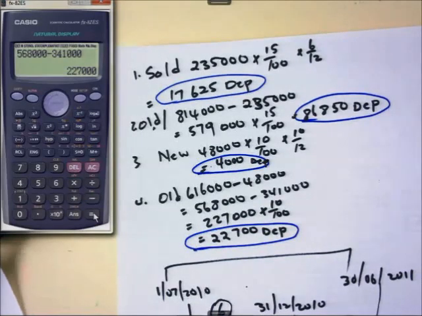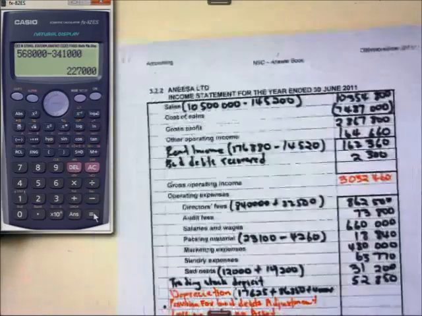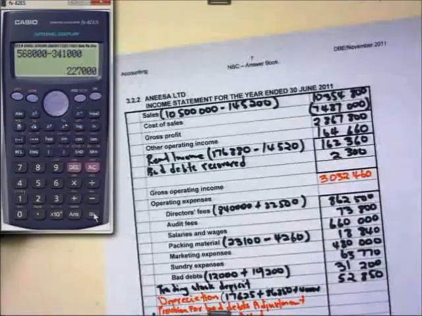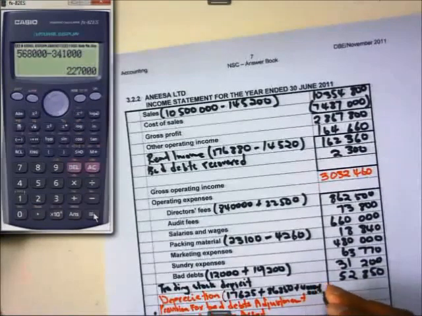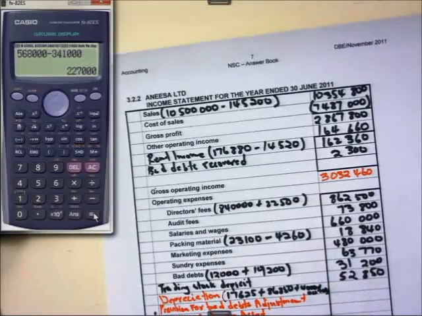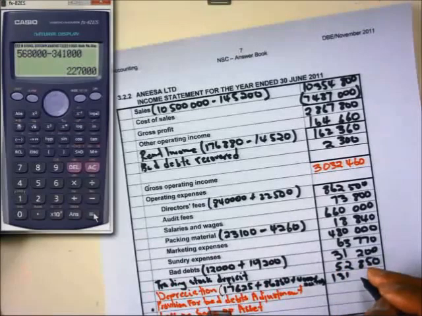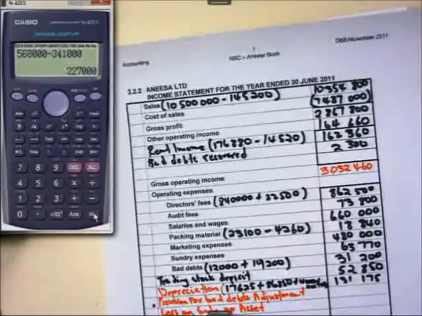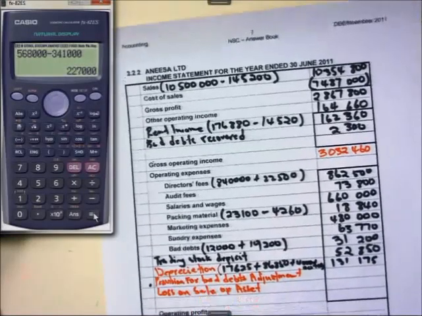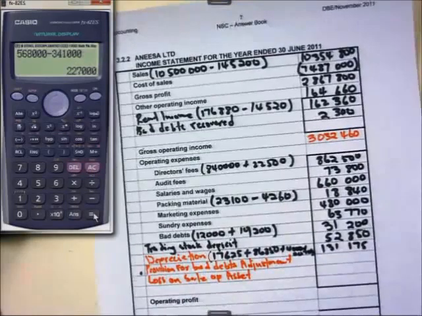Together they will give us the amount that is regarded as an expense. We add everything, and you'll end up with a figure of 131,175 for depreciation. So that is that. You must remember, we said how to use the brackets in your calculations.